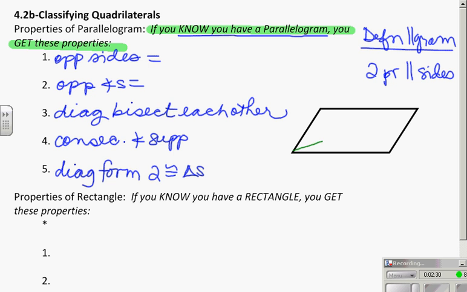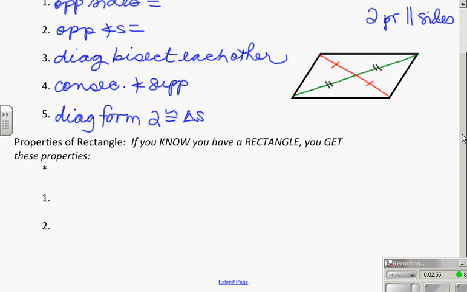Now, the fact that the diagonals bisect each other is very, very powerful, but can be abused. It tells me that that and that piece are equal, and this piece and this piece are equal. I know nothing about the diagonals in relation to each other. I just know that it creates 2 equal parts out of each diagonal.